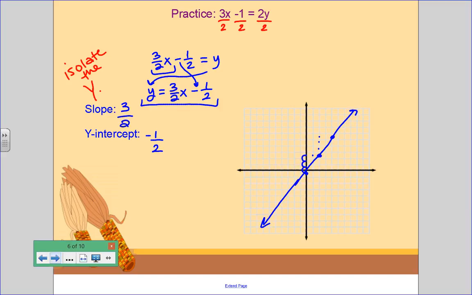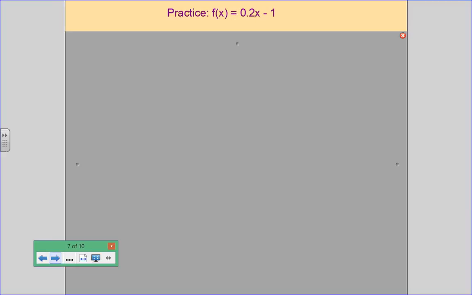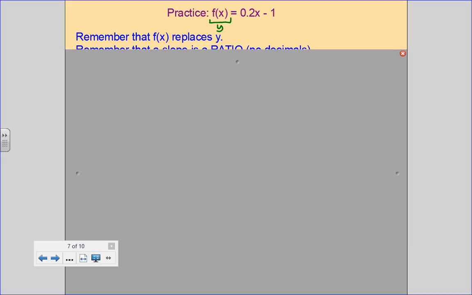All right, so let's do this next practice problem. So you'll notice that this one's written in function notation rather than in the slope-intercept form with y equals. So remember what we learned about function notation, that f of x is really the same thing as y, your output. So remember f of x replaces y, and we also need to remember that slope should never be written as a decimal.